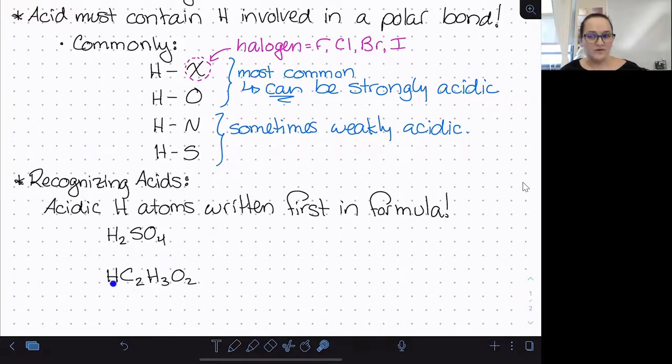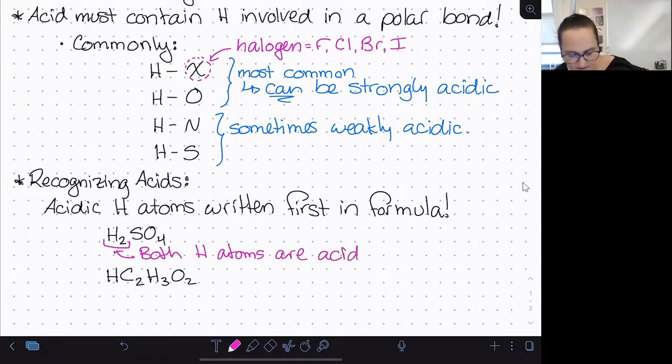Why is one out in front and these three are buried deeper back in the formula? The reason is that only one of them is actually acidic. In H2SO4, sulfuric acid, both hydrogen atoms are acidic. Both are capable of being donated to a base if a base is around.